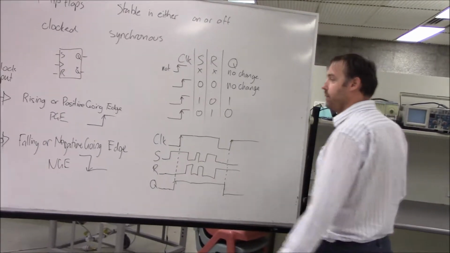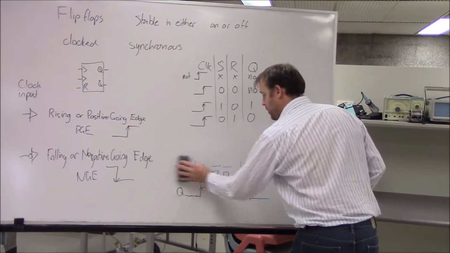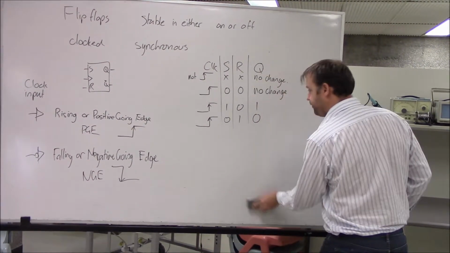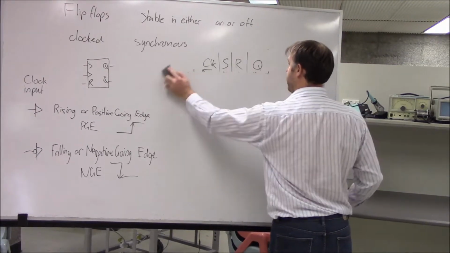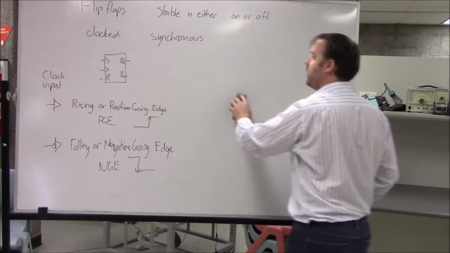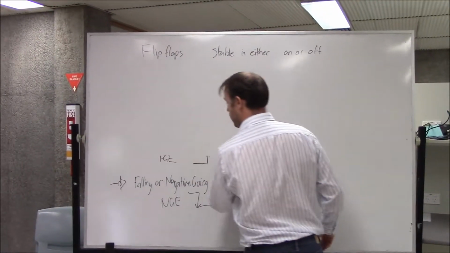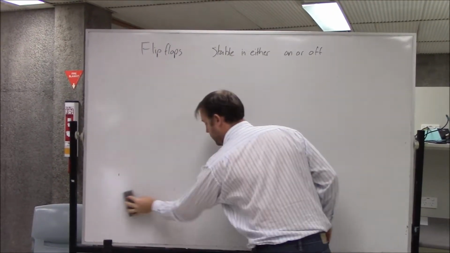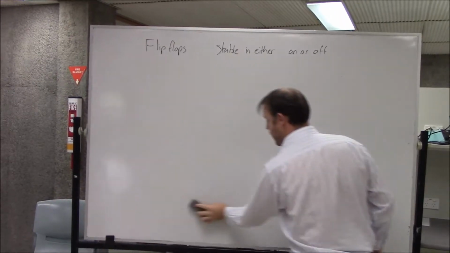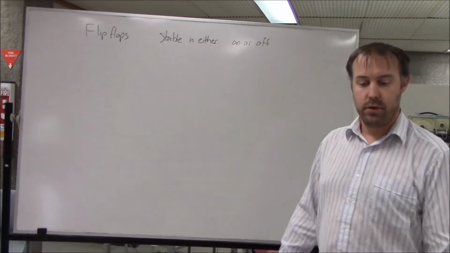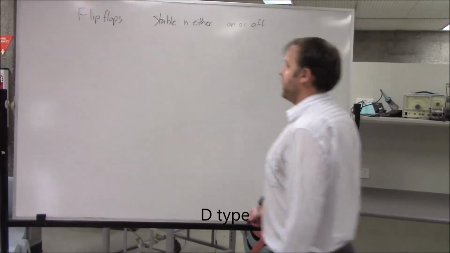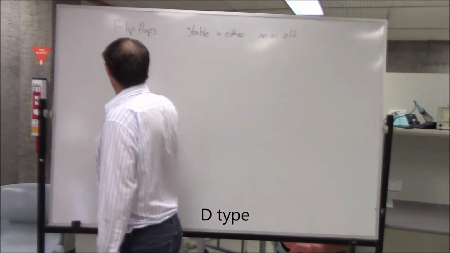Okay, so that is the two SR types of flip-flop. We've got the synchronous and asynchronous types, and both are equally common, just how they're made. There's another type, called a D type.